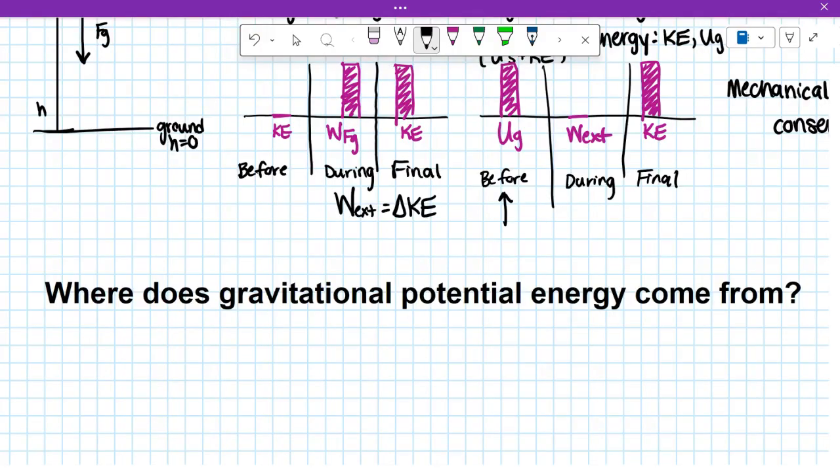So our potential energy, of course, has to come from somewhere. Energy is not just simply created. It doesn't simply disappear. We have to be able to say where it comes from.